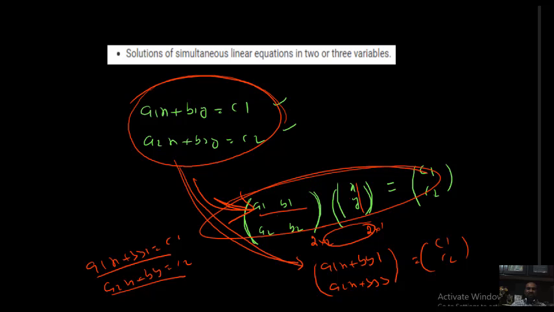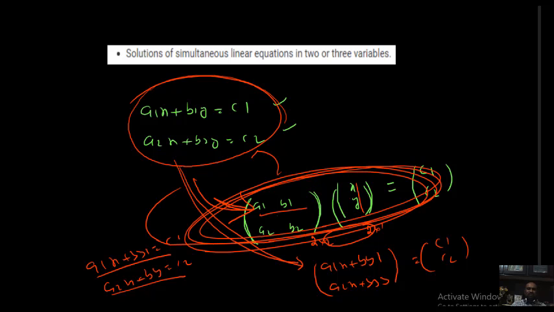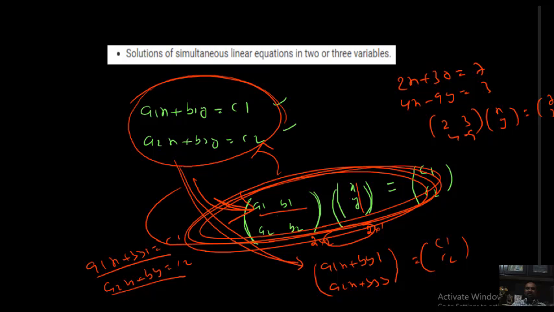That means this is said to be the matrix form of these two linear equations. Understood, students? For example, 2x plus 3y equal to 7 is given, 4x minus 9y equal to 3 is given. What is the matrix form of these two equations? I can say the matrix with rows 2, 3 and 4, minus 9, times x, y, equal to 7, 3. This is the matrix form of these two linear equations. Multiply these two and equate, again you get the same linear equations.